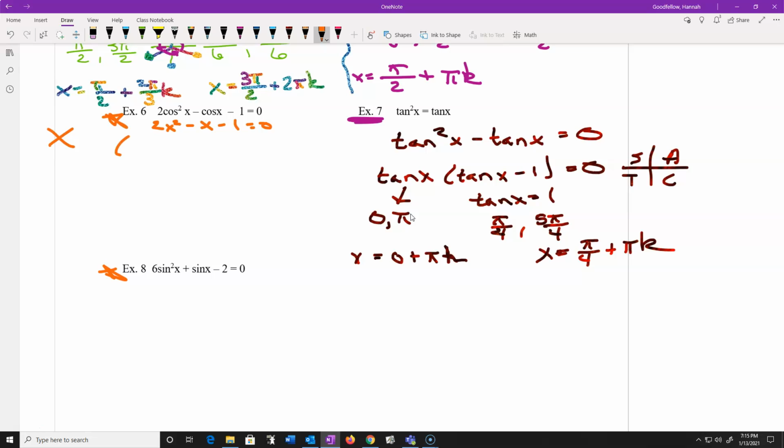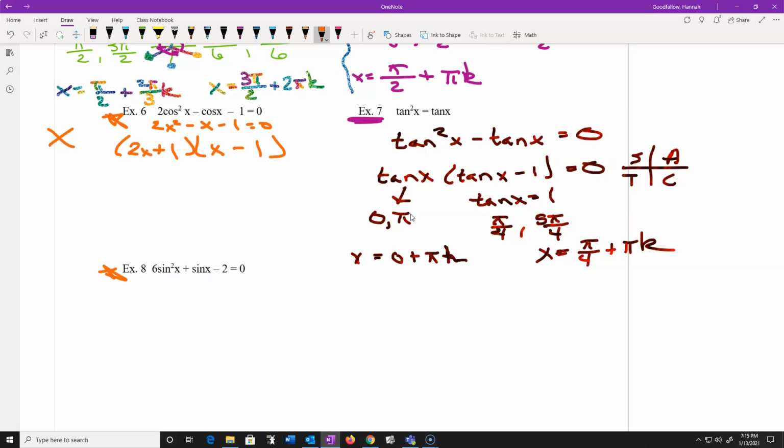You should be at a level now where you could probably generate a set of binomials that would multiply to be that. 2x and x would make the 2x squared. This has got to be a 1 and a 1. What I'm doing here is good old-fashioned guess and check to make sure that I get it. It's got to be a negative in the middle, so I'd make the negative 2x there and the positive x here, and there's your two basic factors.